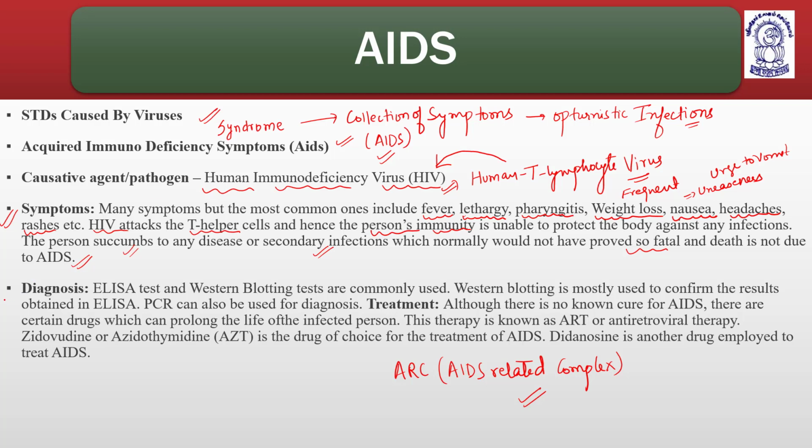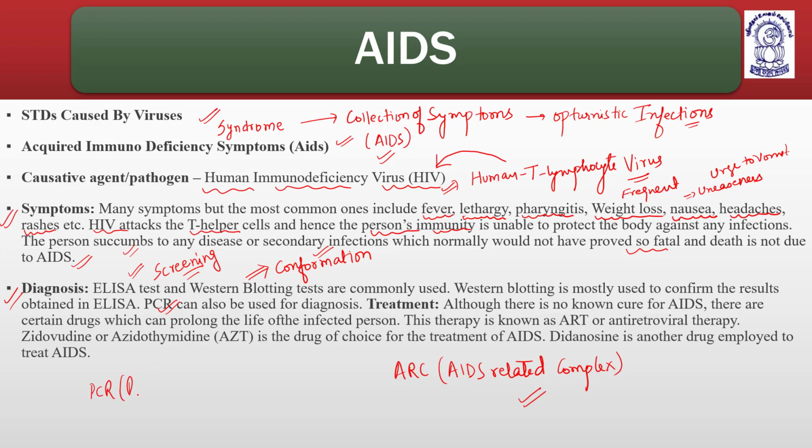Diagnosis: the ELISA test, enzyme linked immunosorbent assay, is done for screening, and Western blotting is done for confirmation. So the ELISA test is done for the screening of AIDS and Western blotting is done for the confirmation.